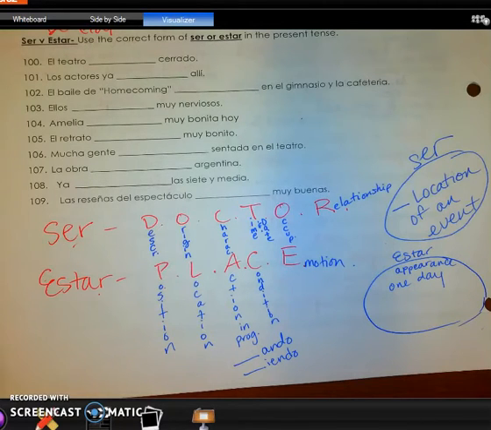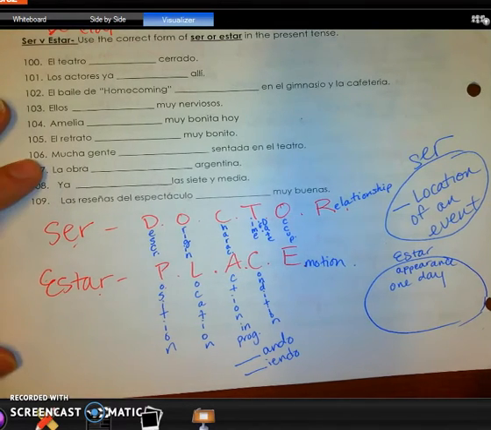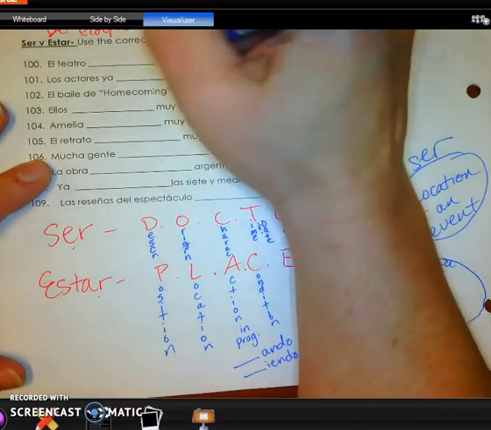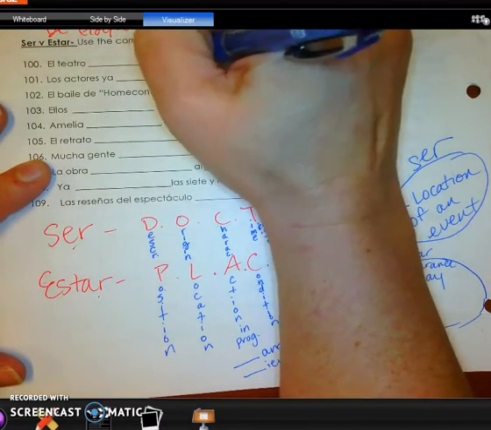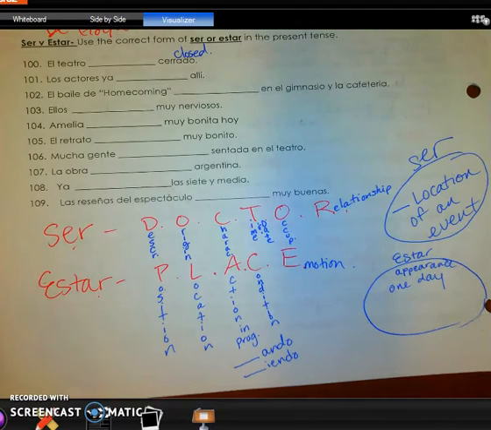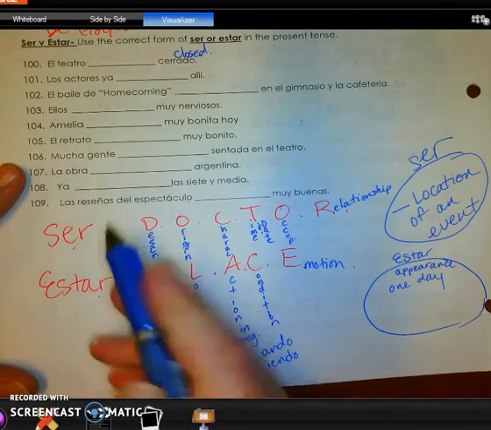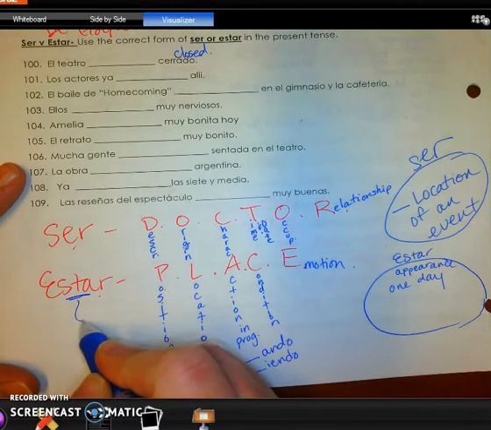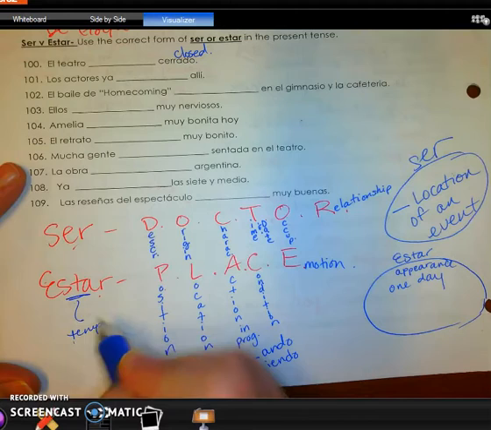All right. So let's go through the practice. I think we did this at the end of last class, but let me just go through it in case other classes haven't seen it. El teatro blank cerrado. Cerrado means closed. If you're up a creek and you don't remember any of this stuff we just wrote down, at the very least, you should remember the T in estar stands for temporary.